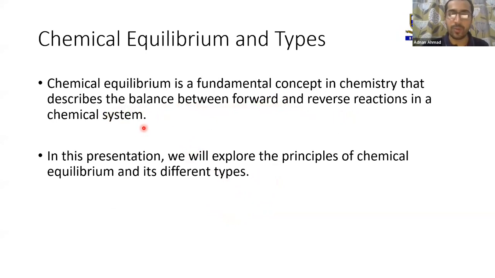You must know by now that we have a forward reaction and a backward reaction. Whenever a chemical reaction takes place, it is always reversible, right? So we have a forward reaction and a backward reaction that we will see in a moment. In this presentation, we will explore the principles of chemical equilibrium and its different types.